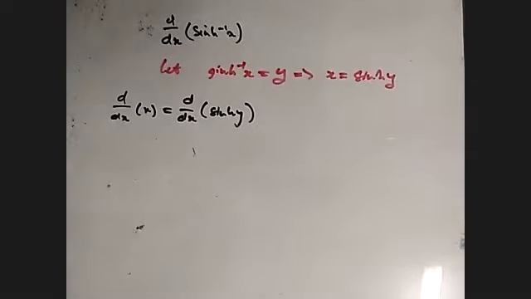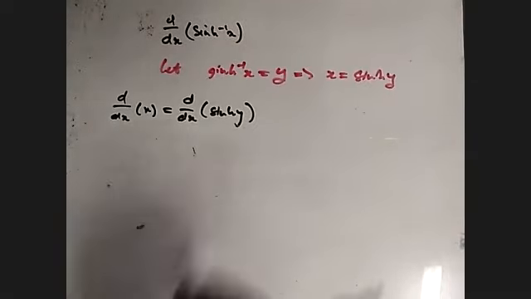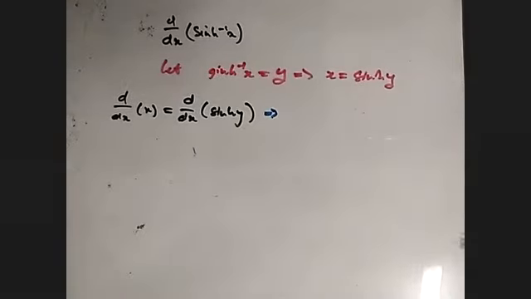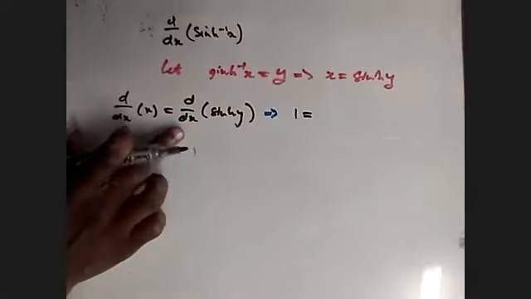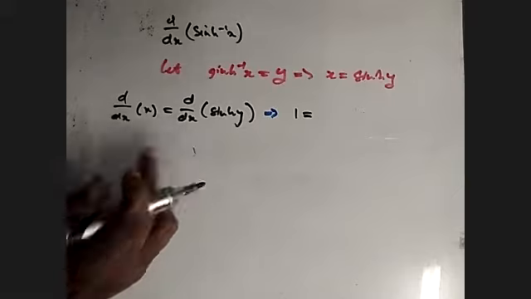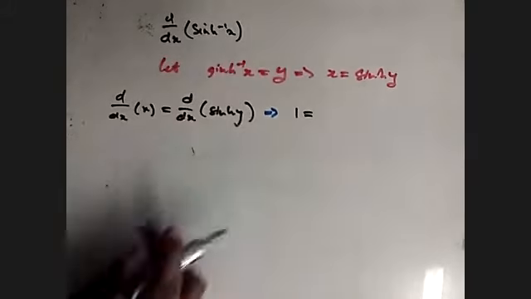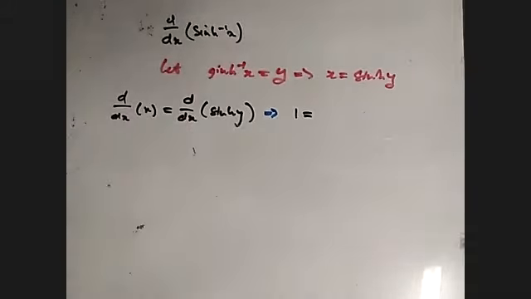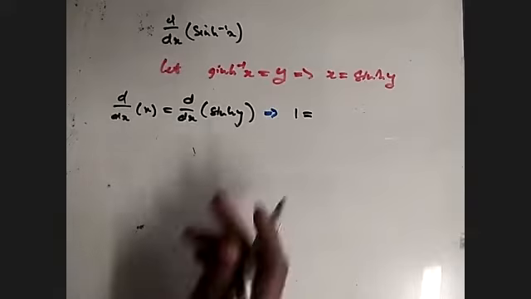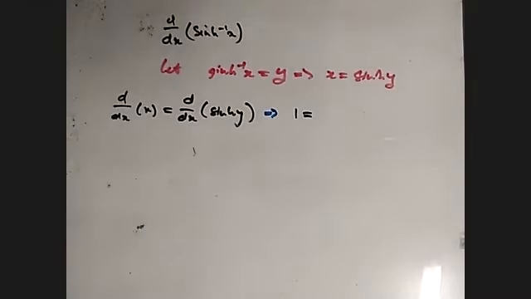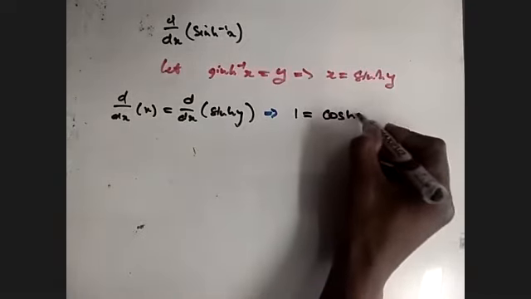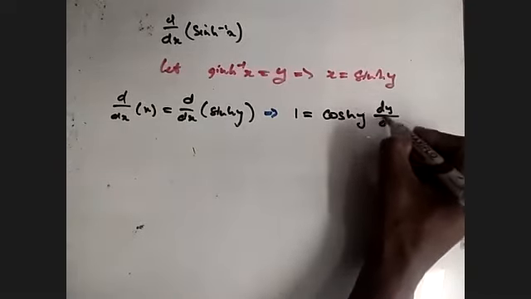So this implies that the derivative of x is just 1. But now this is the derivative with respect to y, not x. So we're going to use the chain rule. By the use of the chain rule, or do you want me to explain what's going to happen? If you feel like I should explain to you, please let me know. Try to explain. We're going to have cosh y dy/dx. Okay.